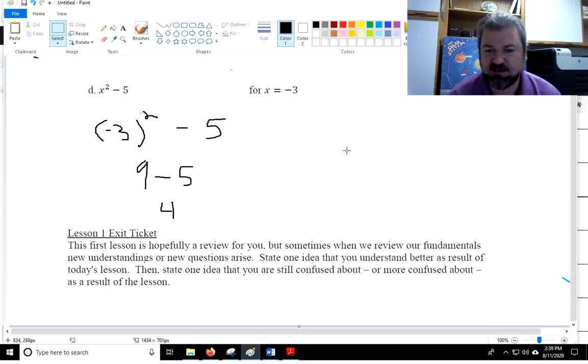I want you to state one idea that you understand better as a result of today's lesson. Then state one idea that you're still confused about, or more confused about, as a result of the lesson. So take this time and write something down in your notes. Hopefully, when you come back and look at these notes later on, if you need to review your Algebra 2 at some point, you'll have a moment in time where you can remember what you learned and what you still hadn't learned.